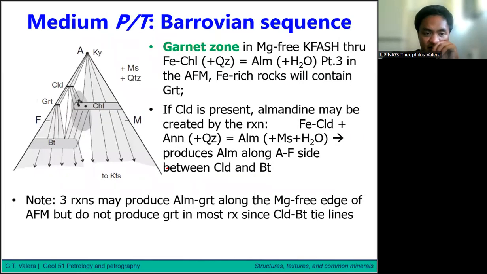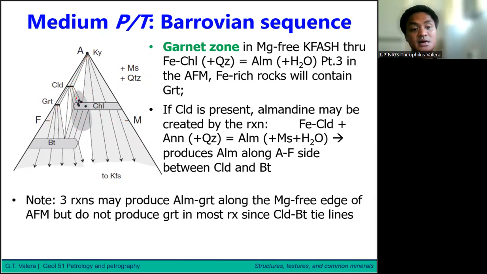So initially you have, shown here, an AFM diagram. Yung black dots are actual pelitic rock compositions, whereas yung gray field is the distribution in terms of aluminum, iron, hindi pala aluminum, pure A yan, F, and M for most pelites.